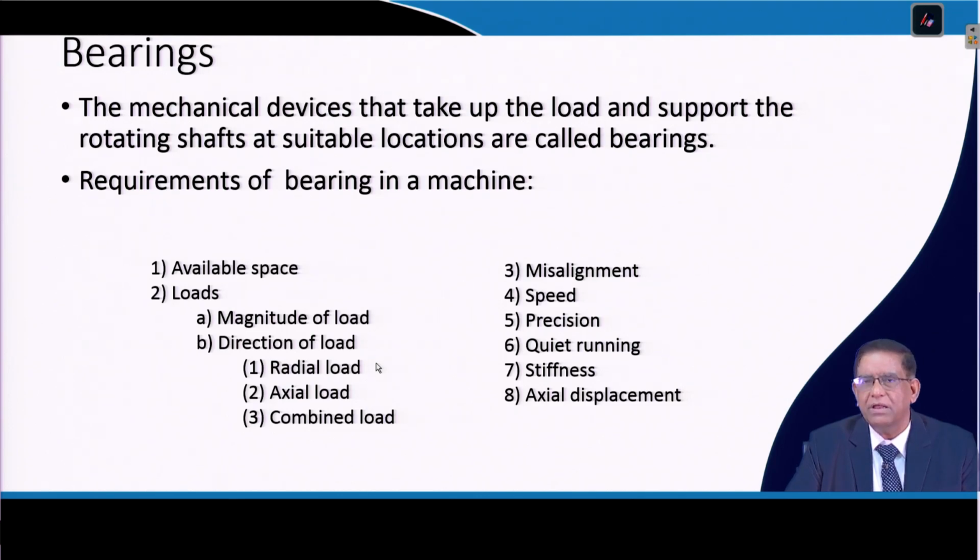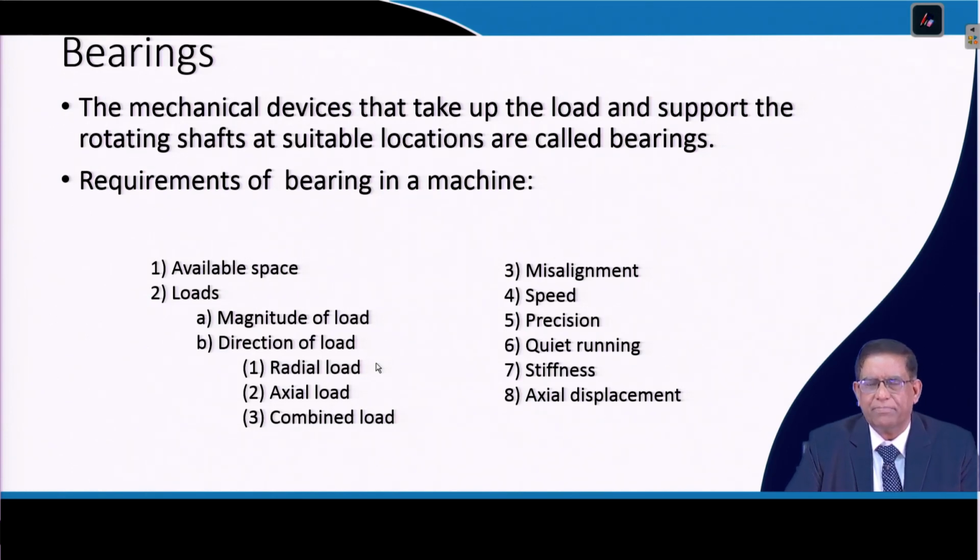Then what may happen: vibrations, a lot of noise, a lot of energy dissipated, you will be consuming more fuel or power, and ultimately your total productivity will be affected. By premature failure, you will incur more maintenance cost. That is why you have to take proper care of the bearing.